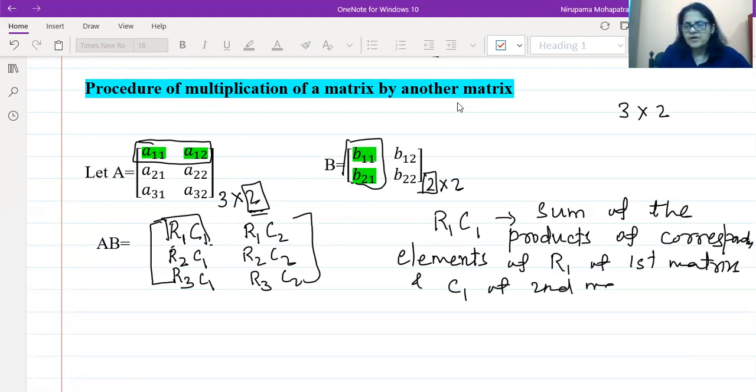It means we always consider rows of the first matrix and columns of the second matrix.